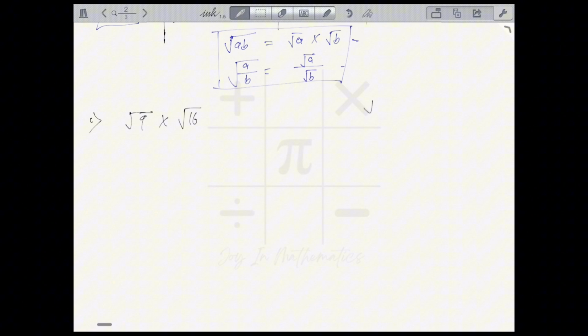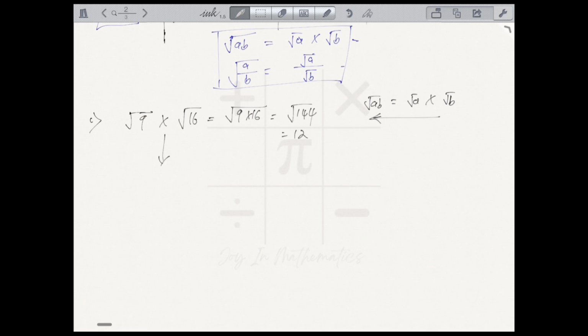The first law says root AB is equal to root A multiplied by root B. Therefore, in this case, we are going backwards. So root 9 multiplied by root 16 will be root of 9 multiplied by 16. And 9 multiplied by 16 is 144, and the square root of 144 is 12.